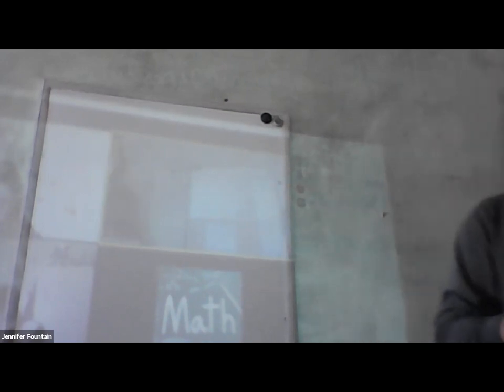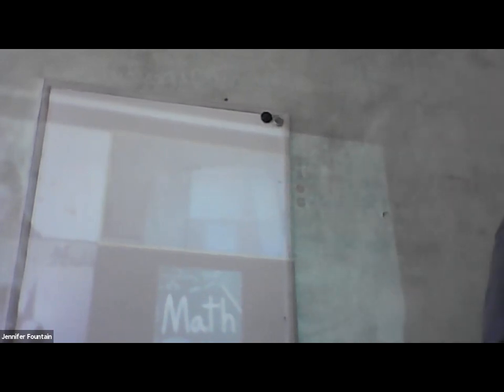Okay, it says point G is on the interior of angle HJK and is equidistant from the sides of the angle. So the first thing I'm going to do is draw angle HJK. Okay, so I have HJK. Are you good with that? Oh, I'm sorry.